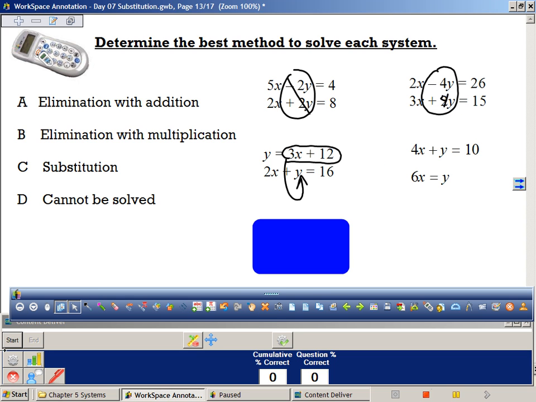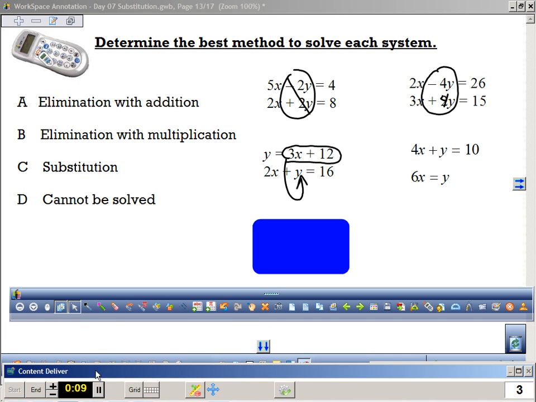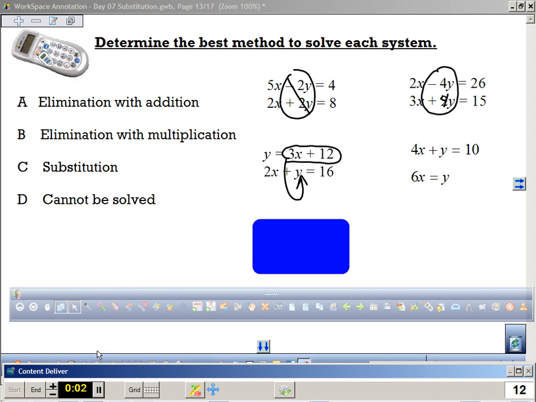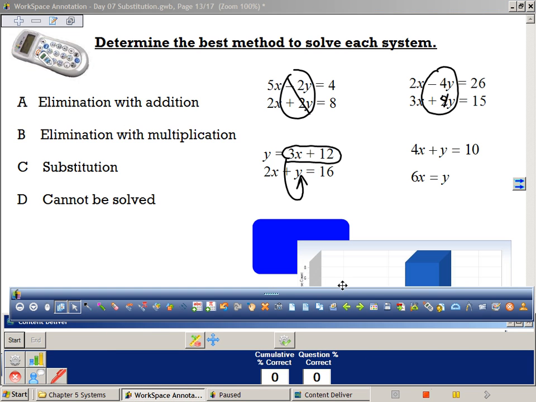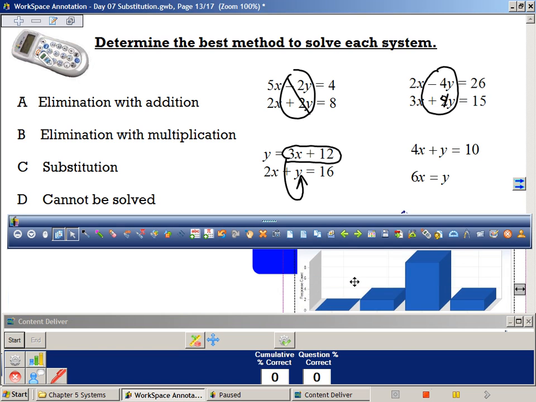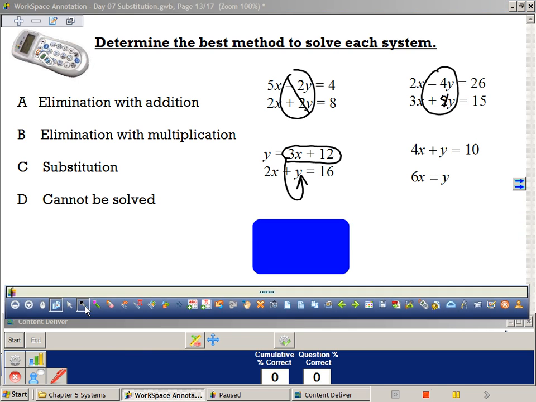What about this one? Put that in your clicker. 10 seconds. Okay, so I hear too much talking. 5, 4, 3, 2, 1, my turn.